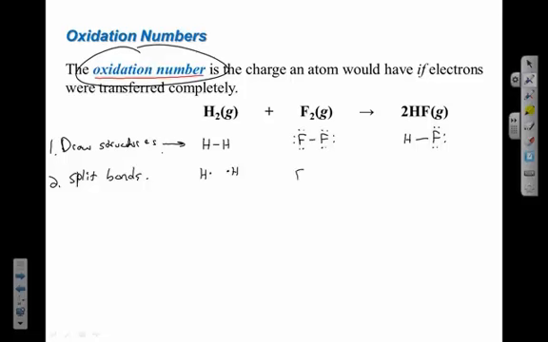In the case of fluorine, they have the same electronegativity, so when I split the bond, they're going to split evenly and both pull the shared electrons one to each of them. In the case of the HF, they're not having the same electronegativity. The fluorine is more electronegative, so when I split that bond, I want to put both electrons on the more electronegative atom.